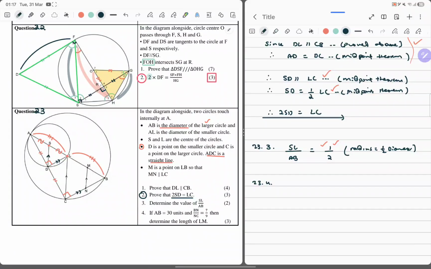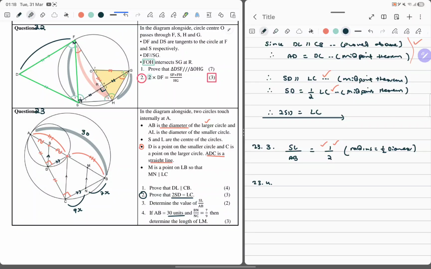23.4 says if AB is 30 units. Okay, get it. 30 and BN over NC is 7, so this is 7x is to 9x.